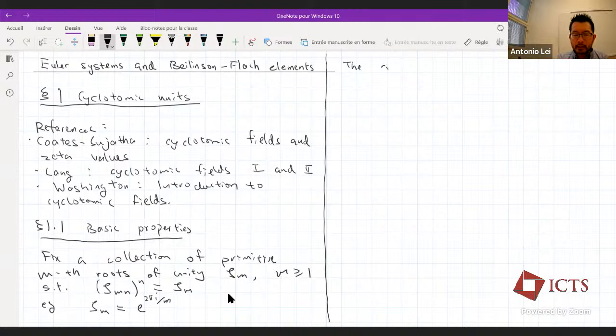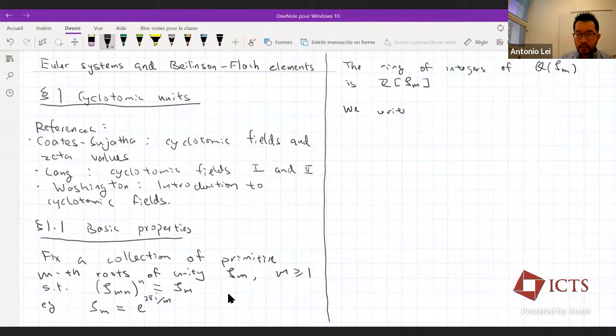We know that the ring of integers of the cyclotomic extension is simply given by Z adjoin zeta_m. We will write E_m for the group of units in this ring of integers.